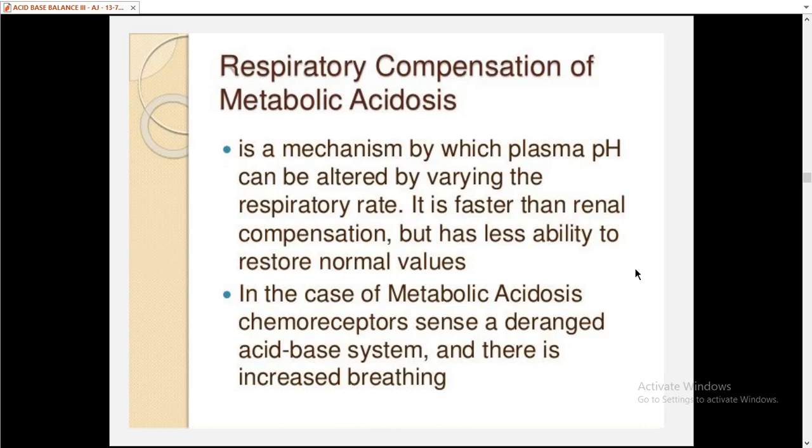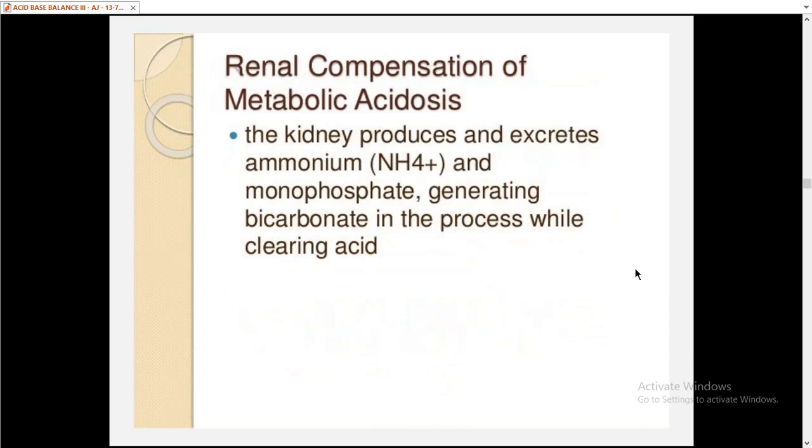So, the compensatory mechanism of metabolic acidosis is hyperventilation. Then second line of defense is taken over by the renal compensation in metabolic acidosis. In this, the kidneys produce and excrete ammonium ions and monophosphate, thus generating the bicarbonate ion in the process while clearing the acids.